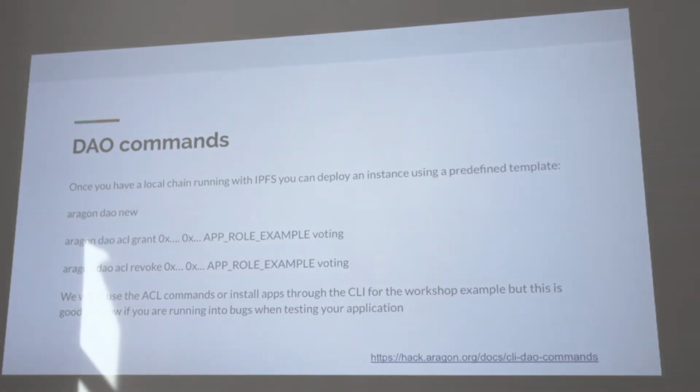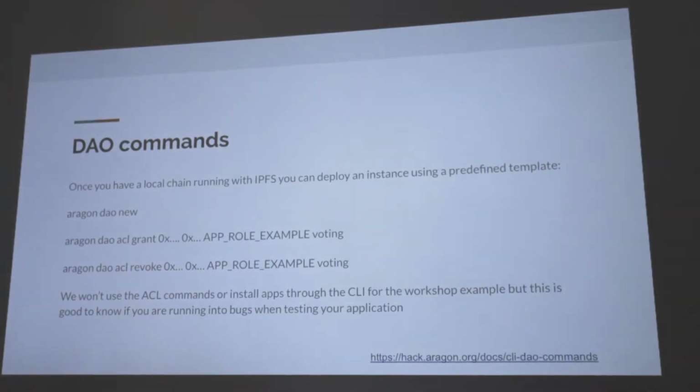So let's say you're working on your template and something's not working and it's hitting a revert or something like that, you basically supply the app proxy and the registry, the name of the role, and the name of the app. And you're able to grant and revoke permissions, given that the default address has the app manager role. If you've revoked that role from the root, then obviously you can't run this, or it won't let you.